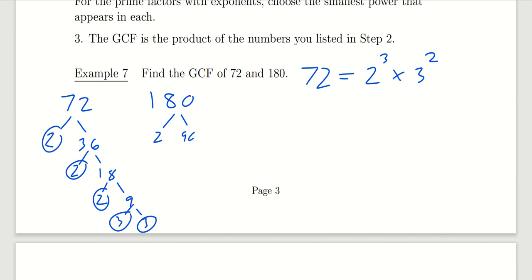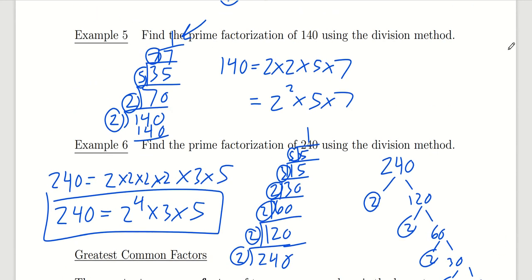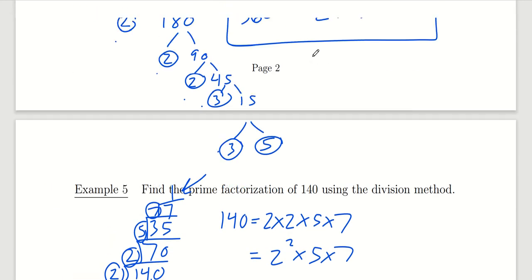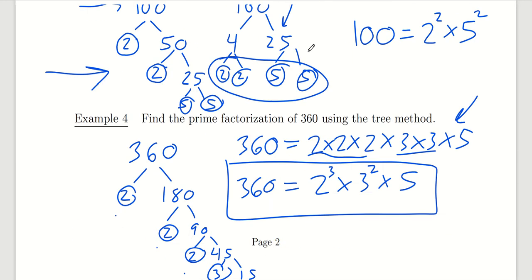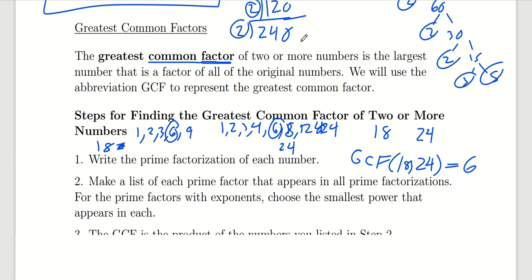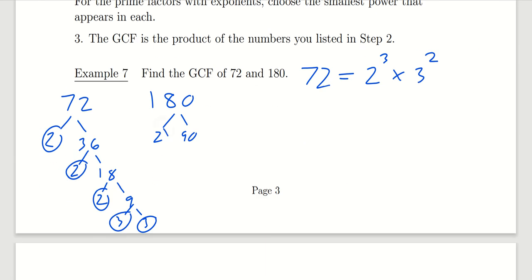180 is going to be 2 times 90. Did we do this one already? Nope, didn't do 180 yet. So it's what? 2 and 90, 2 and 45, 3 and 15, and then 3 and 5.